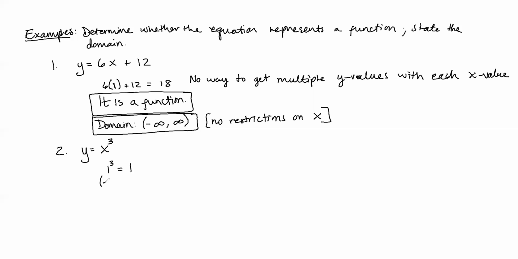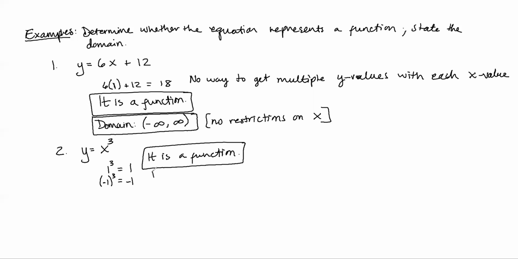Even if I plugged in -1, -1 cubed is always going to give me -1, which means this is a function. And this is just because this is how operations work. We'll see one example, which won't be on your homework, but I do want you guys to see one that is not going to be a function.